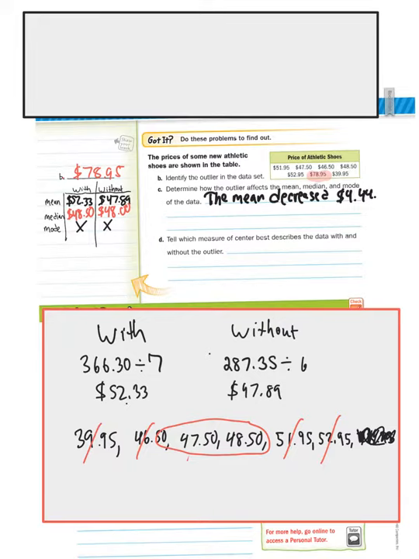Okay, now the median, if you subtract 48.50 minus 48, it only went down 50 cents. And for mode, well, there is no mode.